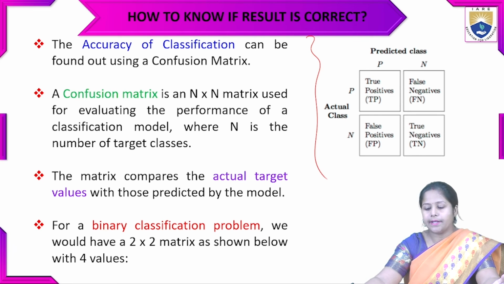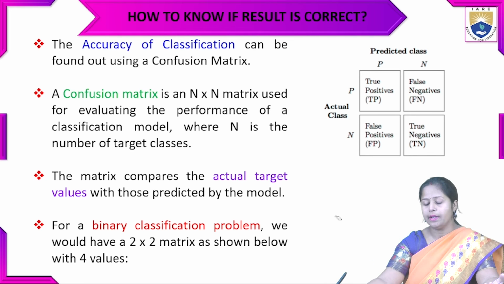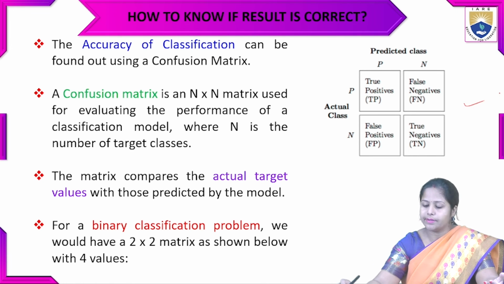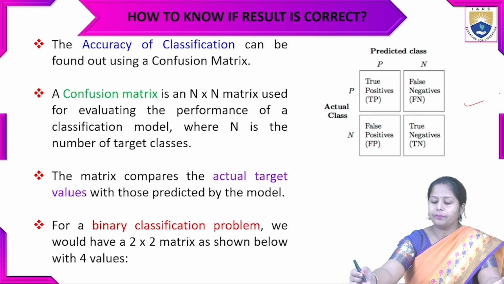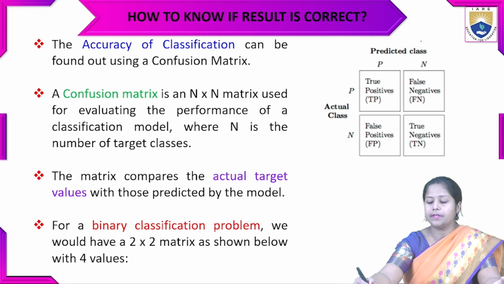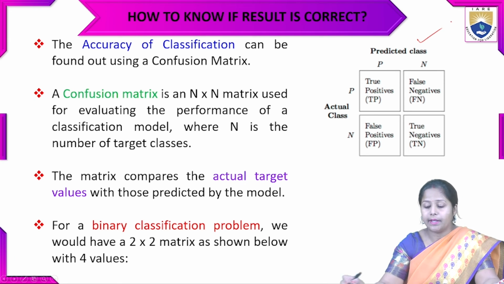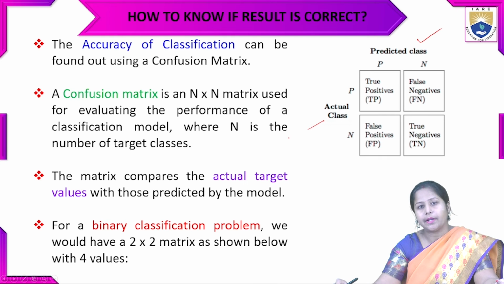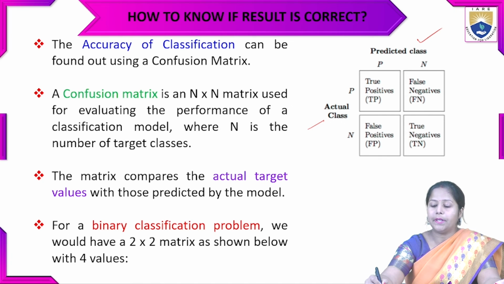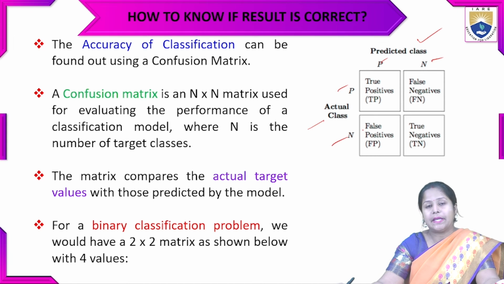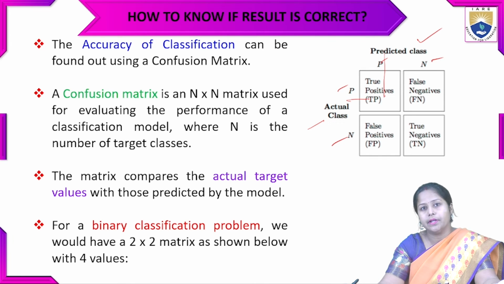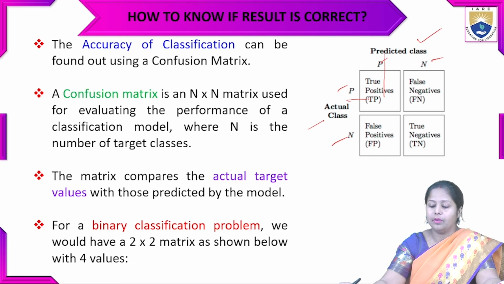On the right-hand side we can see a table, with the predicted class in the front and the actual class on the left-hand side. Here P and N are there: P stands for positive, N for negative. Actual class P and predicted class P is a true positive, TP.